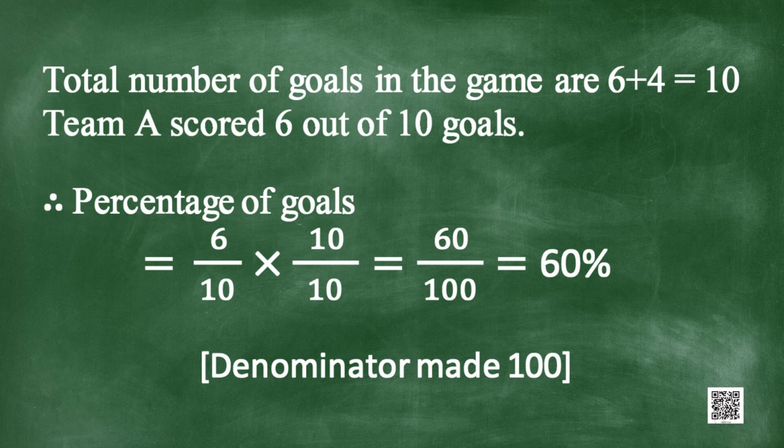So the percentage of goals is 6/10 multiplied with 10/10, which is equal to 60/100, that is nothing but 60%. Make a note that here we made the denominator 100 by multiplying with 10 in both numerator and denominator. Students, we can make the denominator 100 by multiplying numerator and denominator by a relevant number.